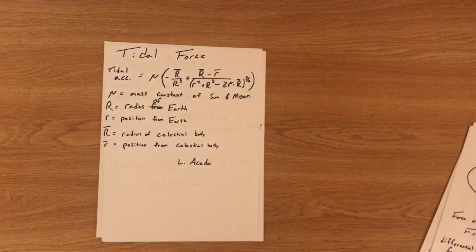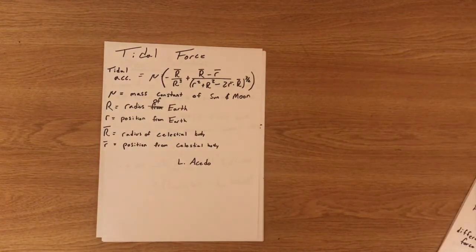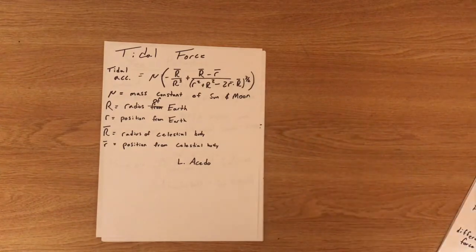According to Acedo, a more precise measurement for the tidal acceleration is this equation right here, with mu being the mass constant of the sun and moon, and capital R being the radius of the Earth, little r being the position from the Earth to the satellite.